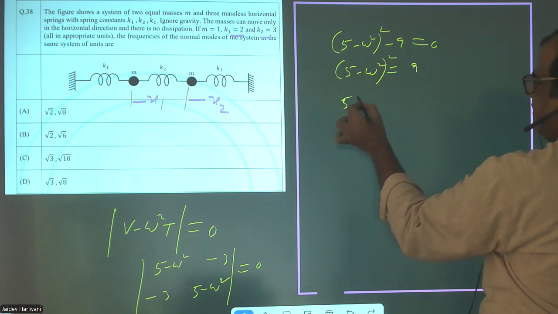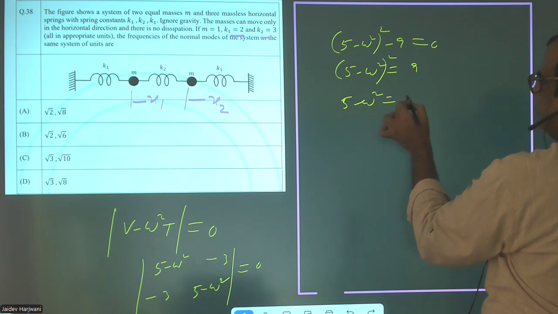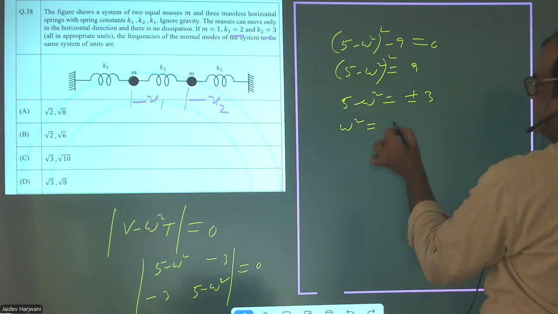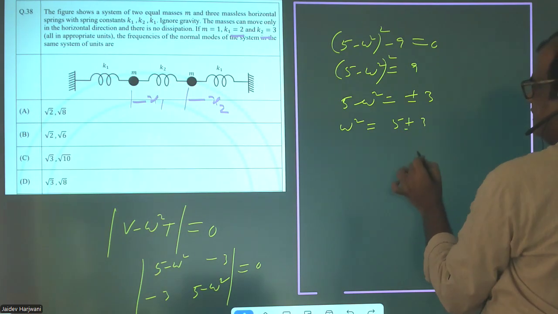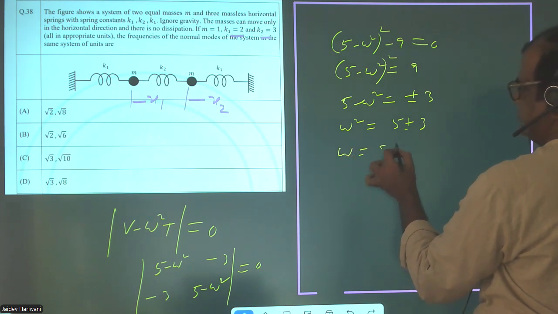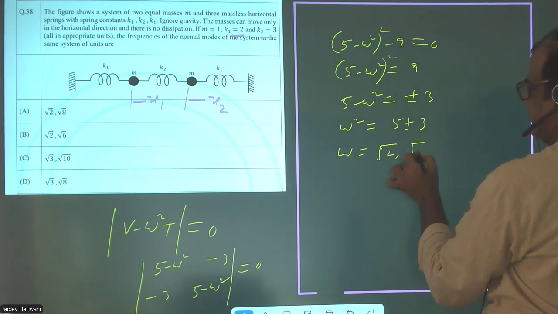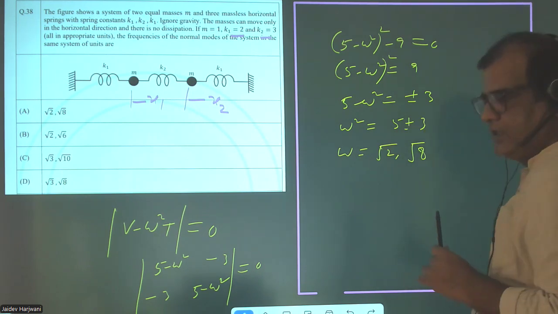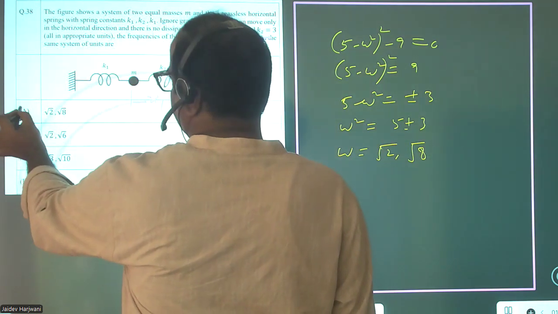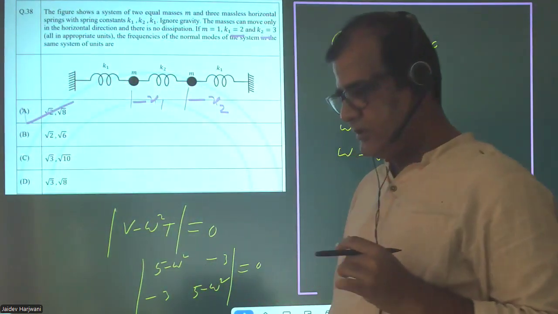So 5 minus omega square is plus minus 3. So omega square is 5 plus minus 3. So this gives me omega as root 2 and root 8. So option A is the correct answer for this question.